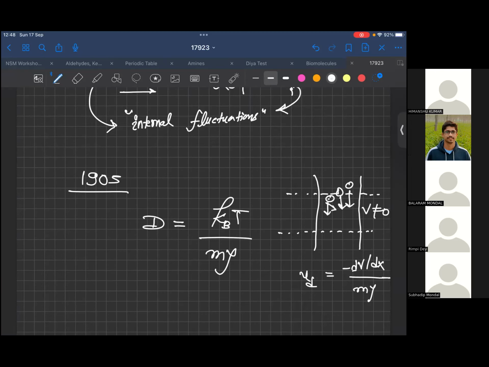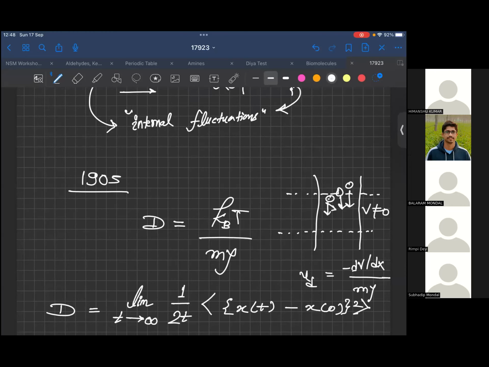From that assumption, he gave a relation that at infinite time, things are going to get to thermal equilibrium, and the diffusion coefficient will be given by the following expression that I wrote right now.